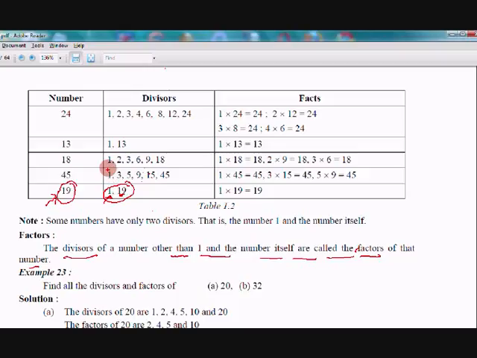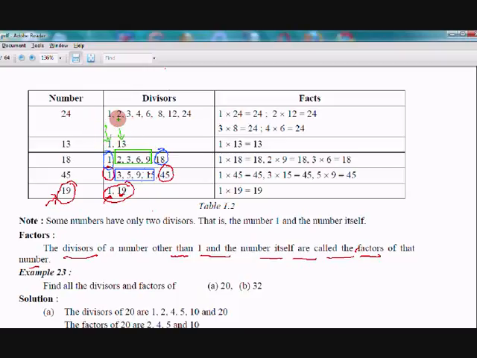In 45, what are the number itself and 1? These two. Leaving these two, the rest are all called what? Factors. 3 to 15 are all factors. Like in 18, leave 1 and 18; the rest are called factors. This one has no factors because the number itself is not called a factor.